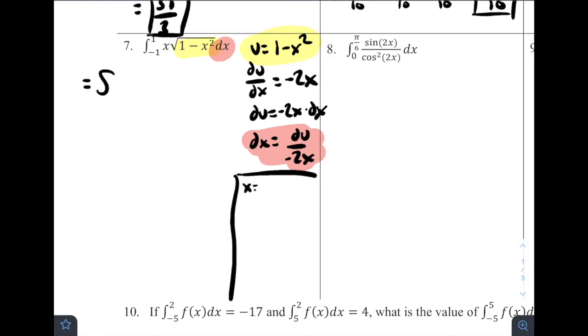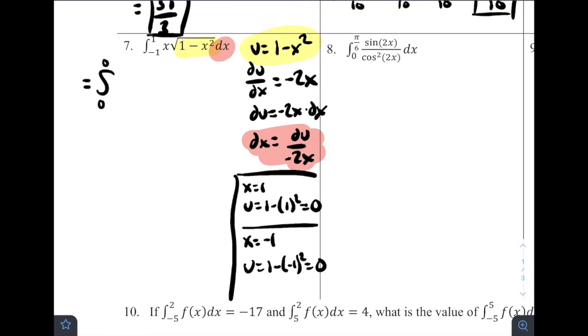When x is 1, right, if we're looking at our two limits of integration, 1 and negative 1, when x is 1, u is going to be equal to 1 minus 1 squared, that's 0. And when x is negative 1, u is going to be equal to 1 minus negative 1 squared, which is also 0. So that means that if I do this, the limits of integration are going to be from 0 to 0 of x times the square root of u times du over negative 2x.